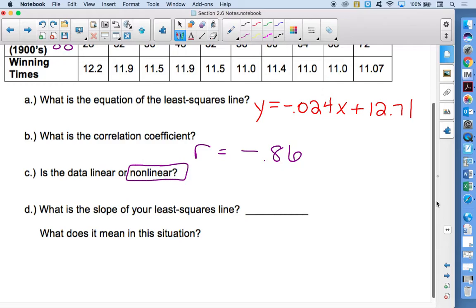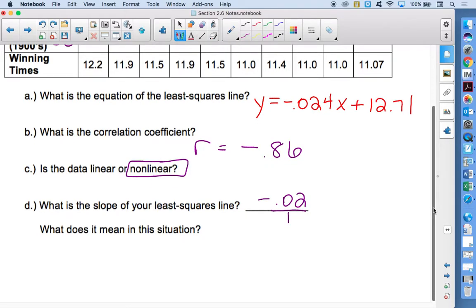Negative 0.02. Yeah, so whether you have negative 0.024 or negative 0.02, either one of those would be the slope. Do you know what that means, Jake? The times are decreasing by 0.02 every run. Yeah, that's a good way to say it: every run, every trial, the winning times are decreasing by 0.02 seconds.